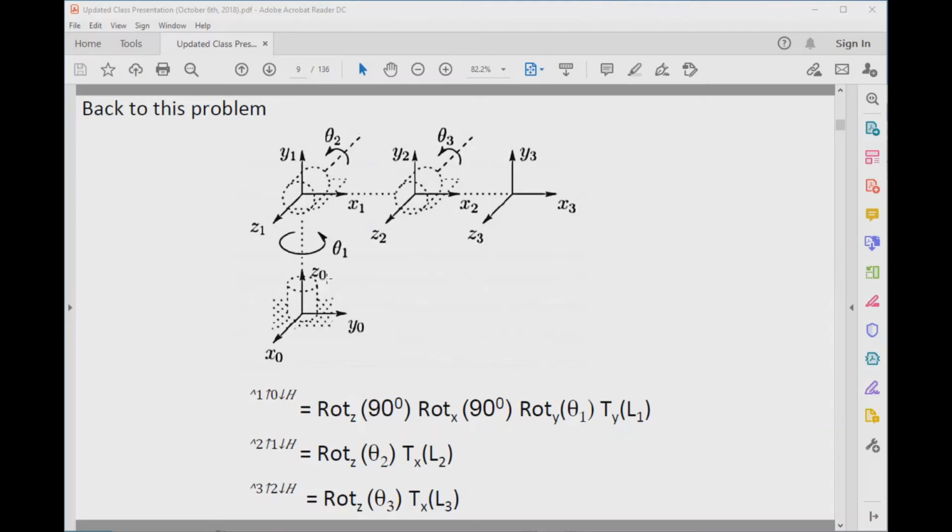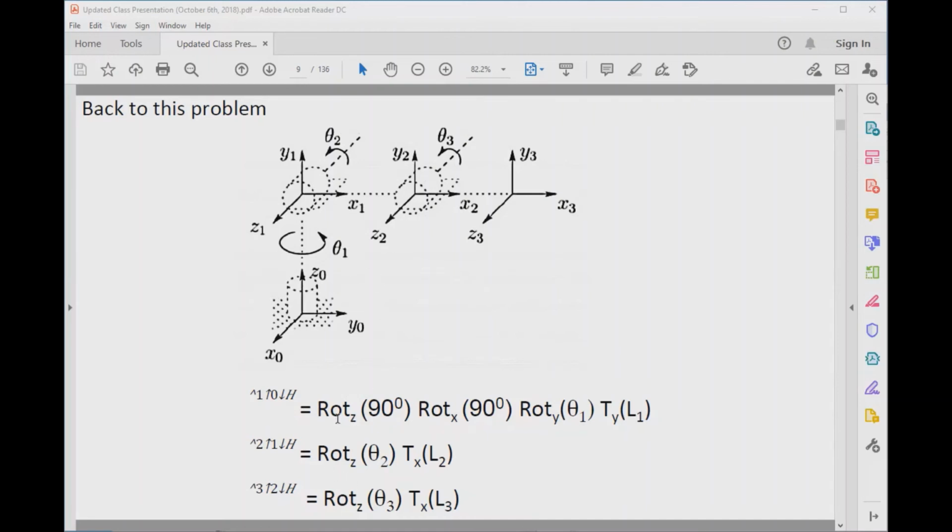I still have theta 1, so I rotate about the existing y-axis by theta 1, and then you translate along y by L1. So we're done with the first transformation. Remember, you have all these functions in MATLAB, so you can simply do this as a matrix multiplication.